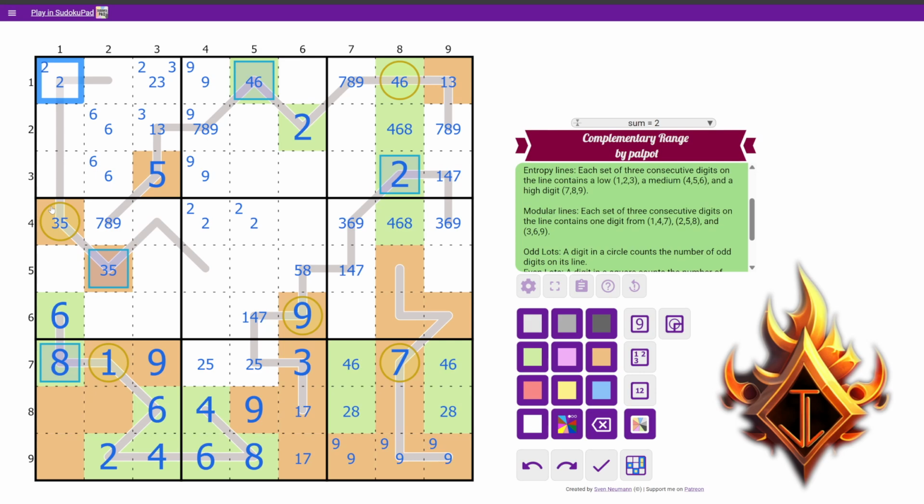If this is 3, that could be 9, or 1, or 2. That's basically 1, 2, 3, or 9.